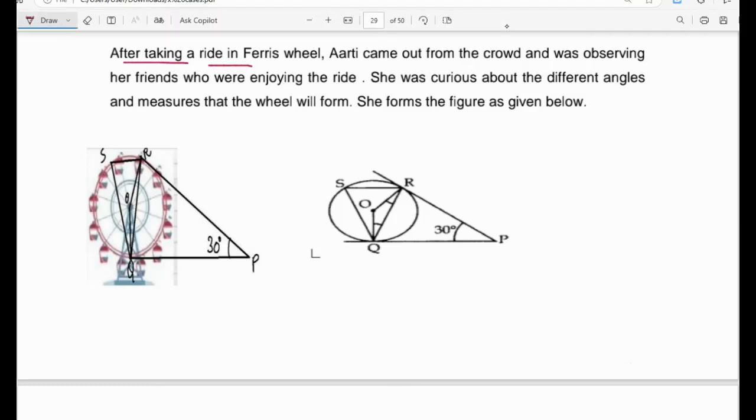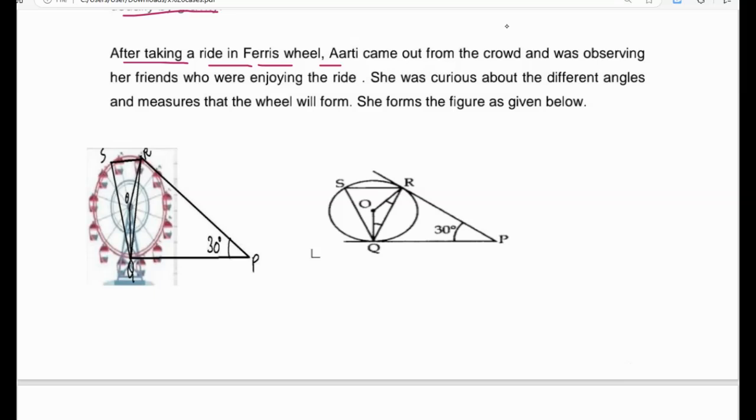After taking a ride on the Ferris wheel, Aarti came out from the crowd and was observing her friends who were enjoying the ride.